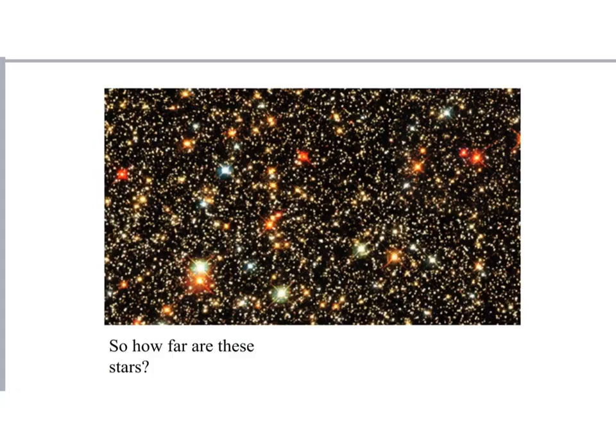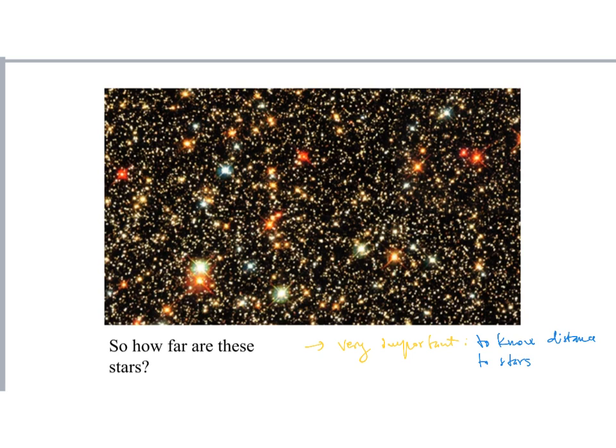As you have seen so far, it's very important to know how far away these stars are, to know the distance to the stars or any other cosmic object out there.